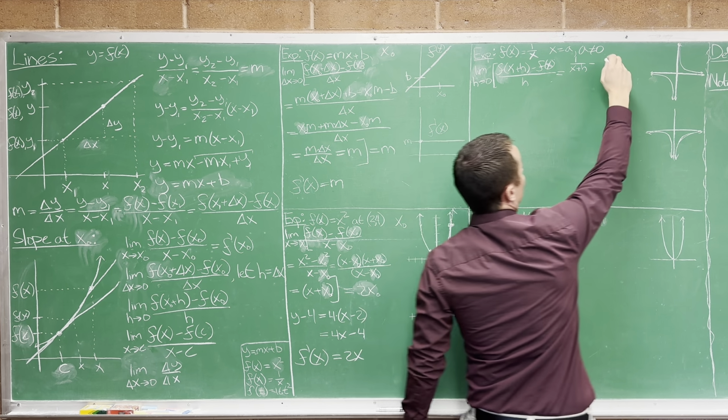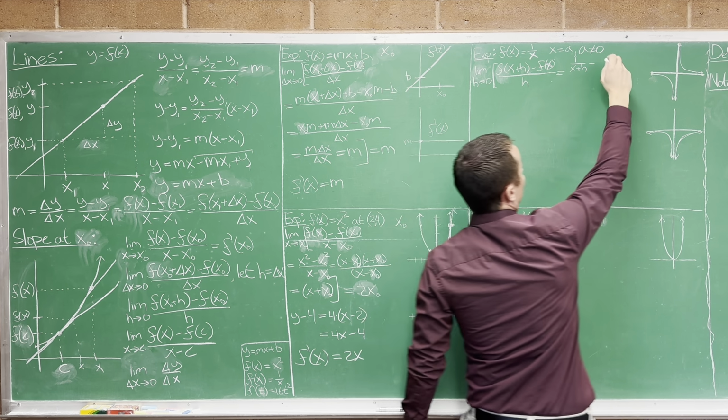So now, this is equal to, multiply this top and bottom by x. I'm going to get x over x times x plus h. That's rewriting this term. Multiplying it top and bottom by x. Minus, take this term, multiply it top and bottom by x plus h.